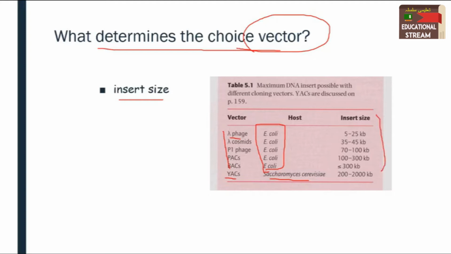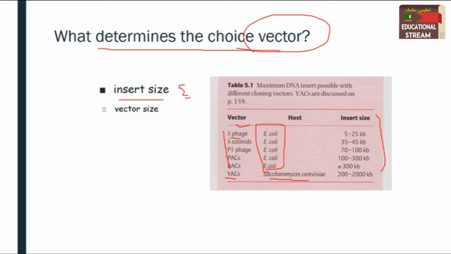So the choice of the vector depends upon the insert size. What is the size of the fragment that you are going to clone? If it is 2 kb for instance, or 5 kb for instance, then you will have to use the lambda phage. If it is 2 kb or less, then you can use just the plasmid vector, which is not shown over here.